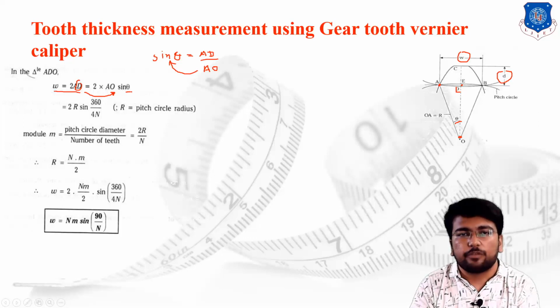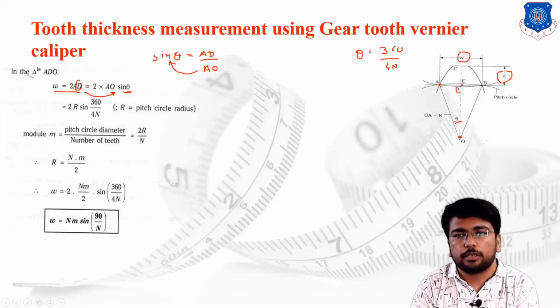Now what is the value of theta? We already discussed the value of theta. Do remember this, the value of theta is 360 by 4n. So I can write twice of AO sine theta, where theta is equal to 360 by 4n. Now what is the value of AO here? This is the center of the gear, and the point on the circumference of the gear shows the radius.